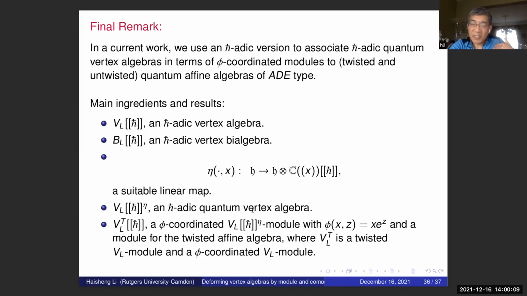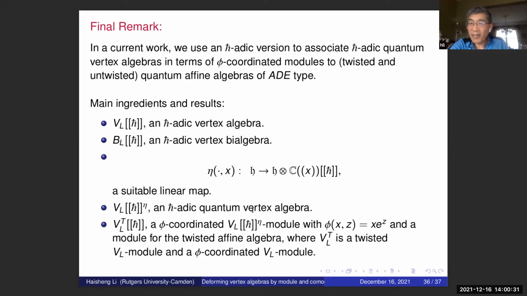One simple analog is this. If we start from an untwisted affine algebra, we get a vertex algebra. The vertex algebra also gives vacuum modules for the untwisted affine algebra. But if we start with a highest weight module for a twisted affine algebra, we can use a similar pattern to generate a vertex algebra.